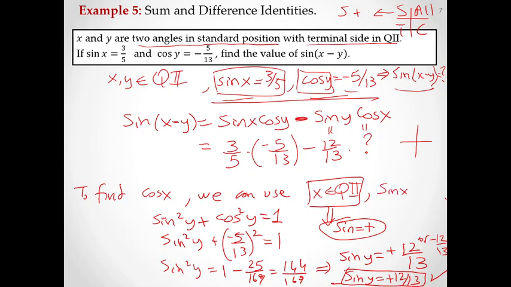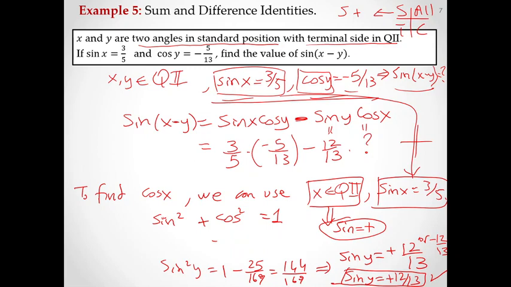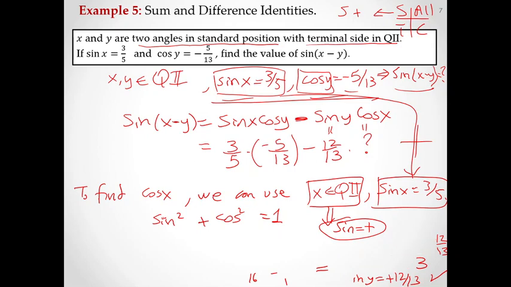We have sine x equal to 3 over 5. And this is given, right? This is given here. And now we can use the identities again. I mean, the basic identity, sine squared plus cosine squared. And we will do the same thing here.